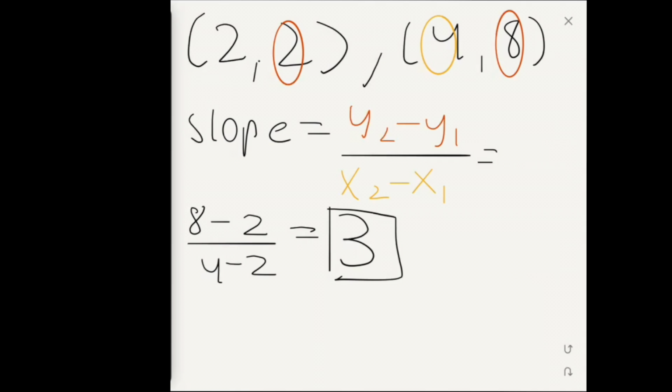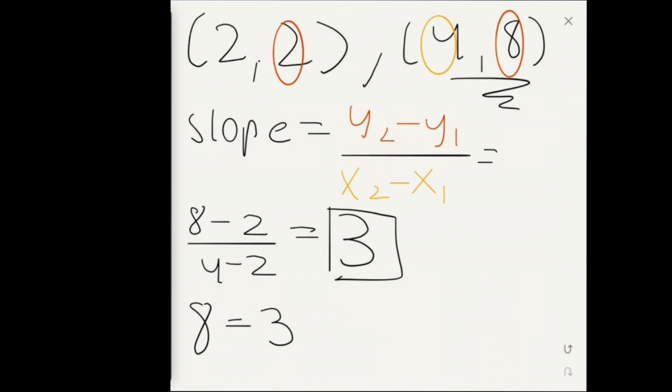Next, use one of the points and the slope and plug it back into the equation to get the value of b. So let's just for fun choose the point 4, 8. It doesn't really matter what point you choose. Either one of the points will do. And take the value 8 as y equals m, which is a slope, which in this case is 3, x.